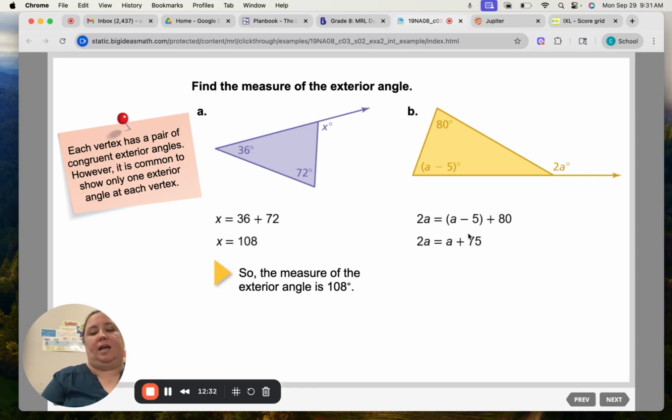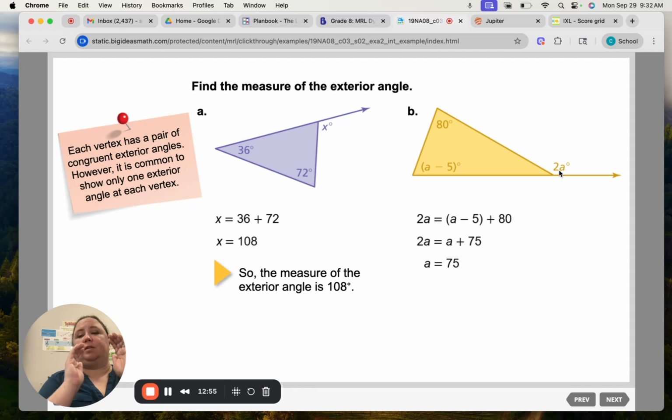Now how do I get the A on the same side? So I'm going to move this A over here. So 2A minus 1A is an A. So does A equal 75? Yes. Now we're not done yet because it said find the measure of the exterior angle. So I have to plug that in next to the 2.